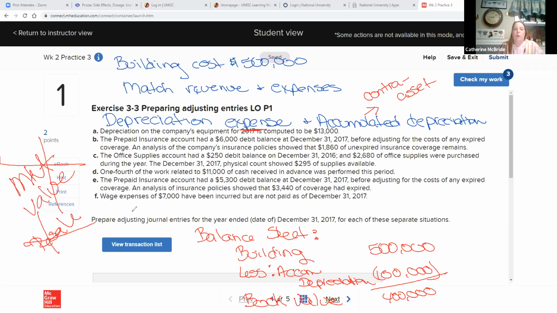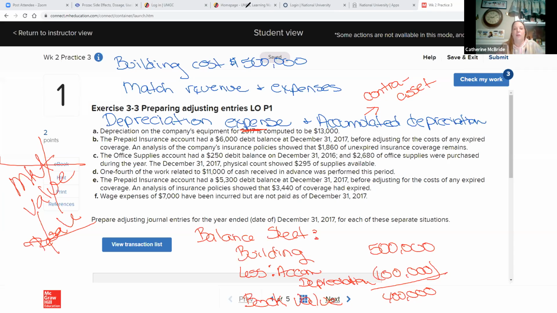But all we're doing is we're going to record depreciation expense, and we're going to credit accumulated depreciation. The expense will go on our income statement to match with the revenue, and on our balance sheet, this accumulated depreciation account will grow, and the book value will decrease.